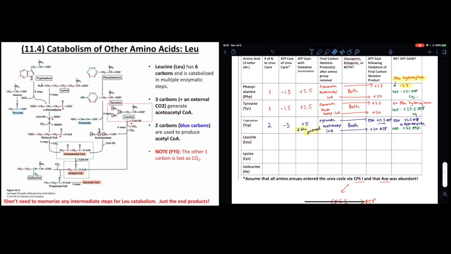All right, so let's write this down. How many nitrogens does it have? It has 1, so you're going to go 1.5 in the urea cycle, and then 2.5 going through oxidative deamination. Okay, we know that through leucine, there's going to be an acetyl-CoA that gets produced and an acetoacetyl-CoA.